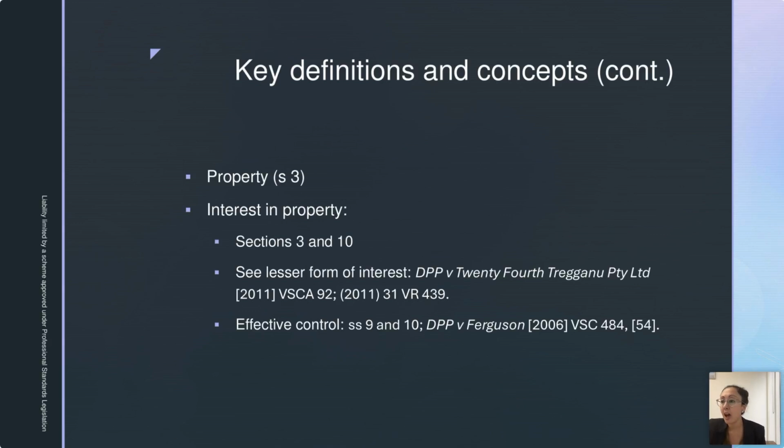There has to be a nexus between potentially the funds and the property that is enough to attract this lesser form of interest. I've also referred here to effective control, which equates to interest, and I put the specific provisions and the pinpoint reference there for you to assist in finding the exact statement from Justice Kay about effective control. But that includes, His Honour said, things like being able to rent out a property and deal with the property in a way that an owner would.